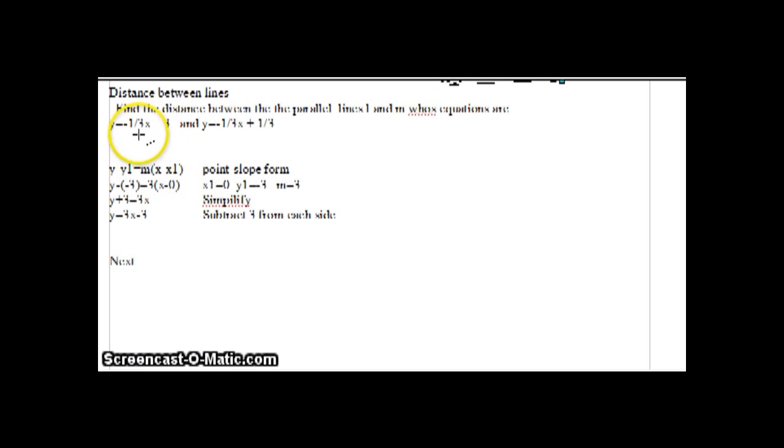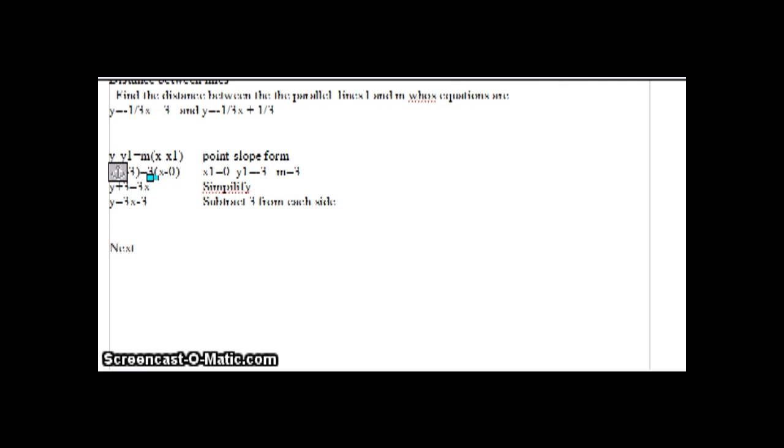Then you add in your numbers, so y minus negative 3 equals 3 times (x minus 0), where x1 equals 0, y1 equals negative 3, and m equals 3. Y plus 3 equals 3x. Simplify: subtract 3 from each side, y equals 3x minus 3.